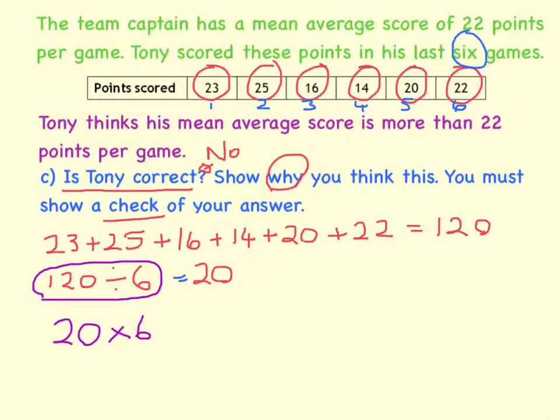So if what we do now is multiply 20 by 6, if we've done it correctly, then we will get 120. And we have done it correctly. 20 times 6 is 120. So we've answered the final part of the question. Show a check of your answer.